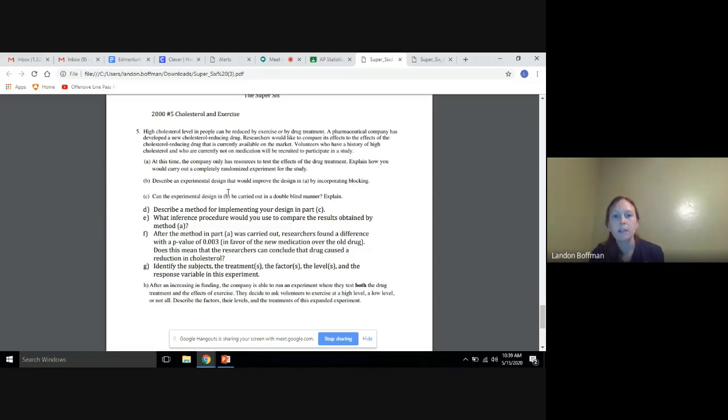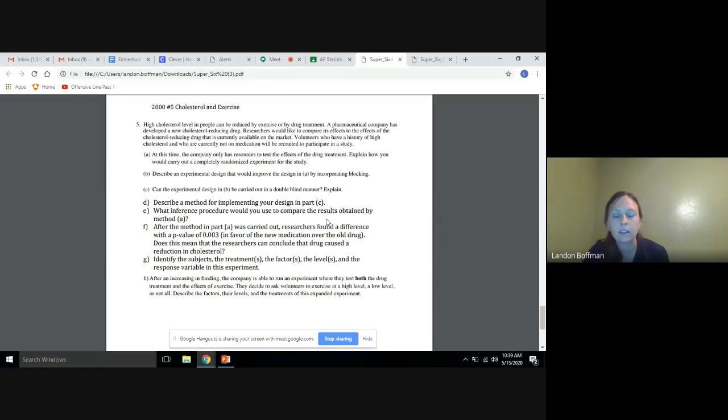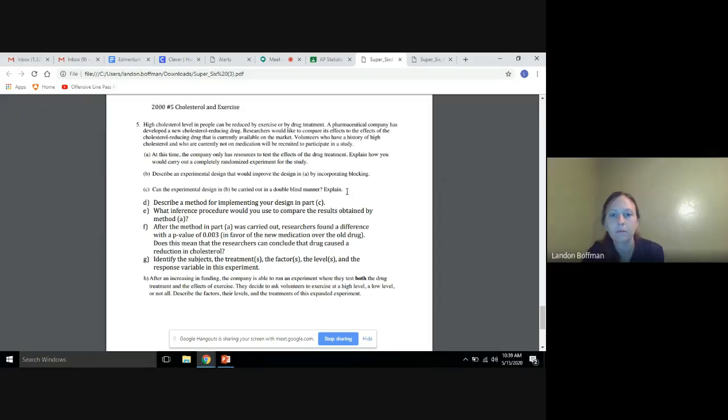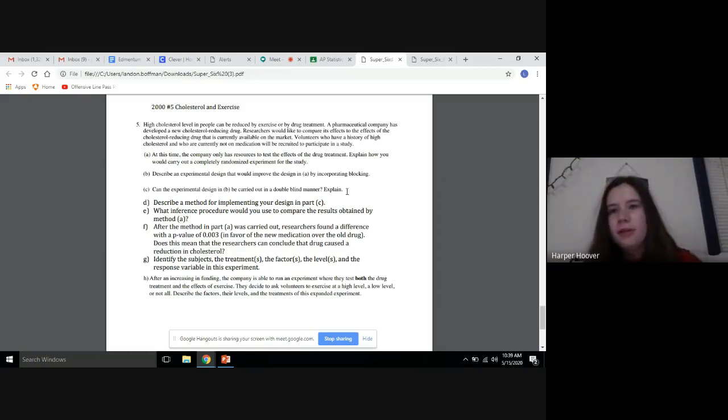So can the experimental design in B be carried out in a double-blind manner? So what'd y'all say here? I said yes, but I don't really know if I have the right definition because I said that single blind would be that the participants don't know what treatment they have, which you could do with a placebo.